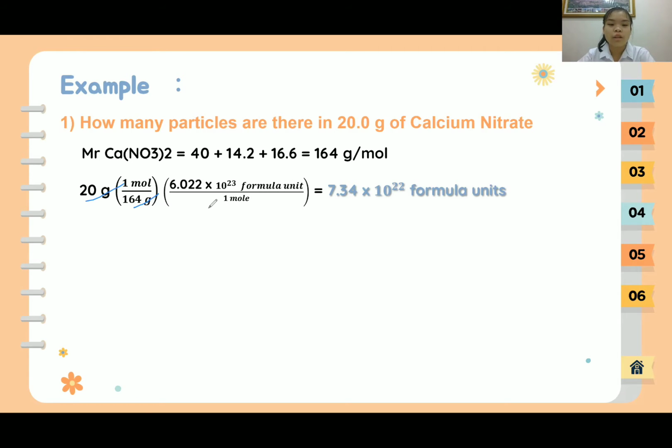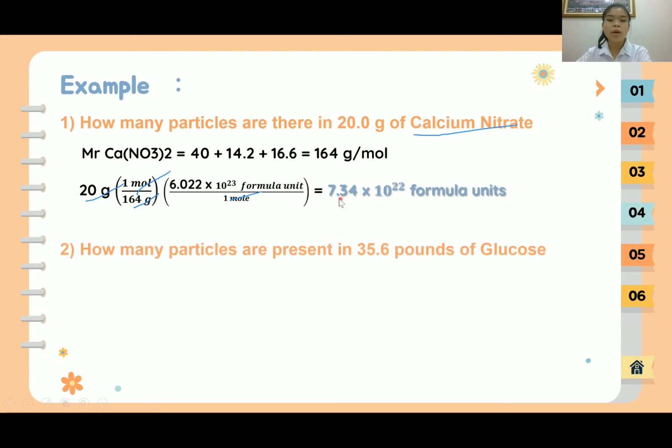So now we can eliminate the mole, and it leaves formula unit. Remember, it uses formula unit because it's an ionic compound, which is equal to 7.34 times 10 raised to 22 formula unit.